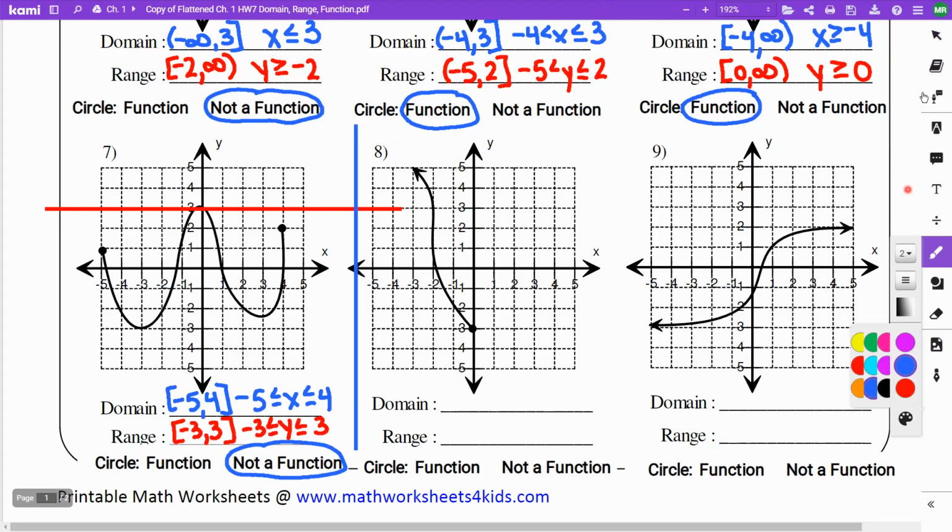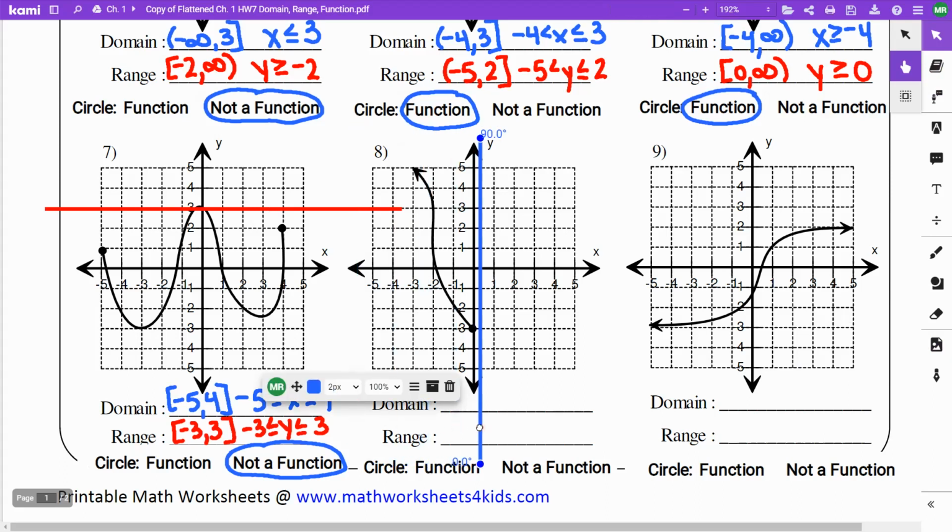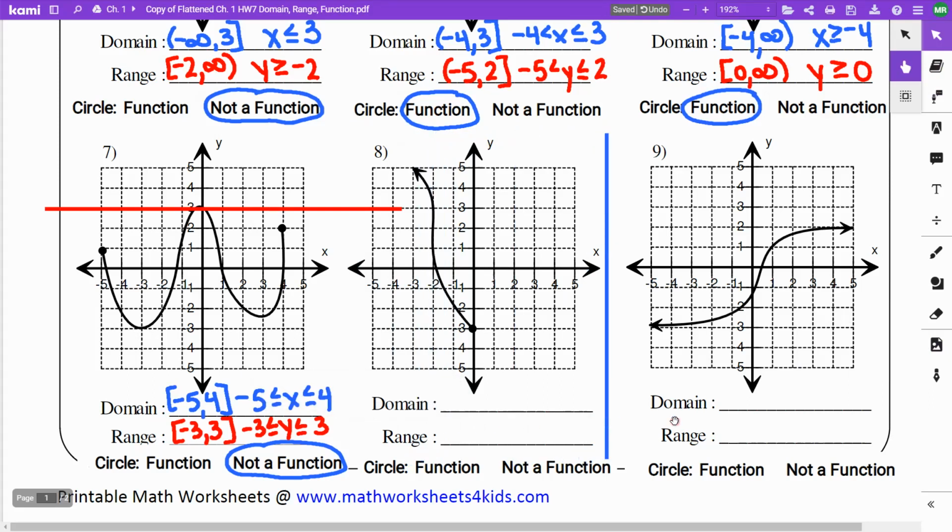Okay, on the next one, when I'm looking at domain, the furthest to the left is going to be -infinity. The furthest to the right is going to be 3. And right here, it looks like this is going to have more than one value right here at -2. So this one is not going to be a function.